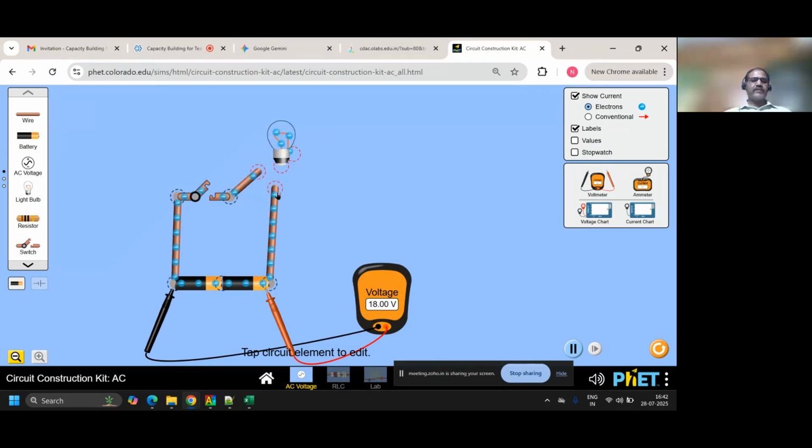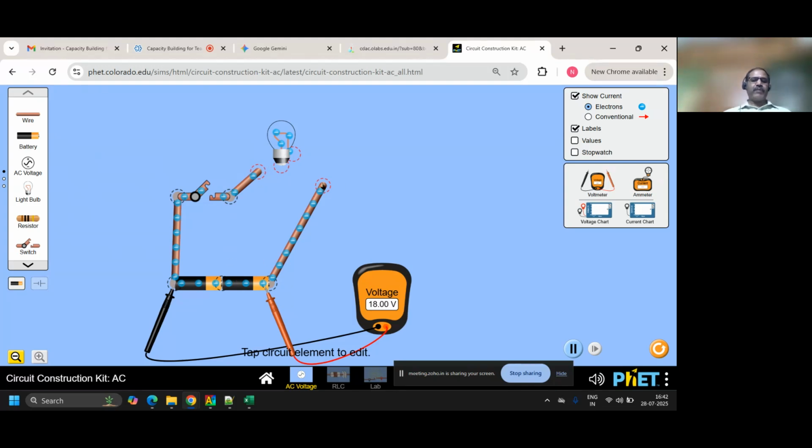What I did is connect both the wires to the same end. That means I have done a short circuit. Since I did a short circuit, the bulb was not burning, the battery was burning.